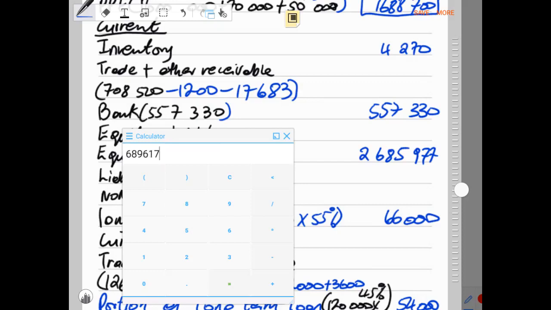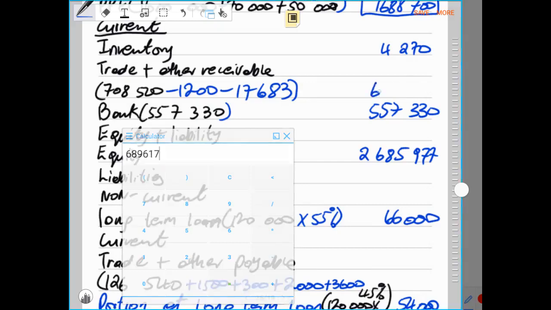Then that will give us 689,617 rands. That is the amount of trade and other receivables.